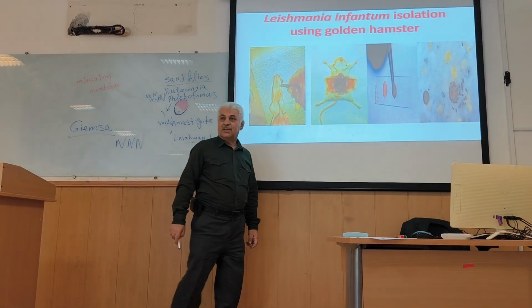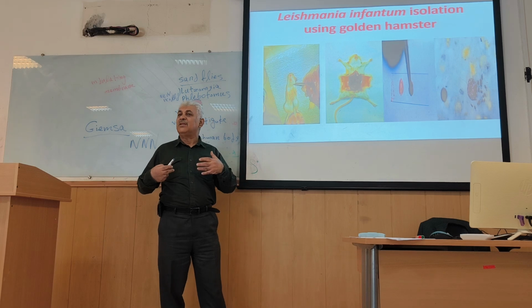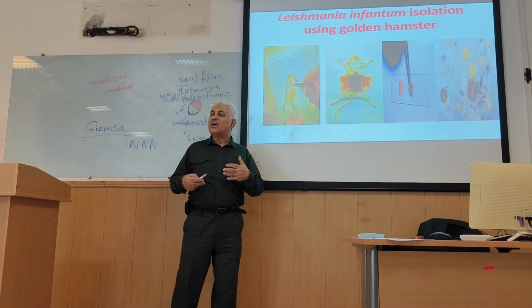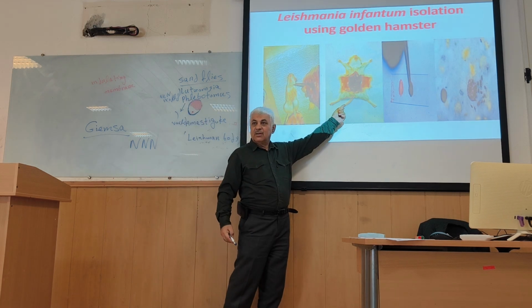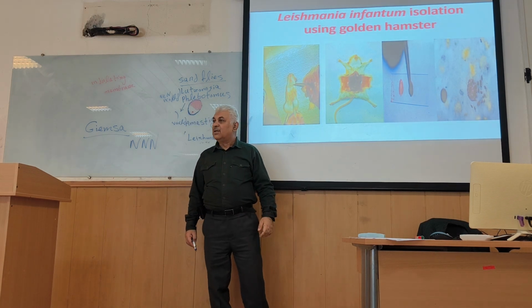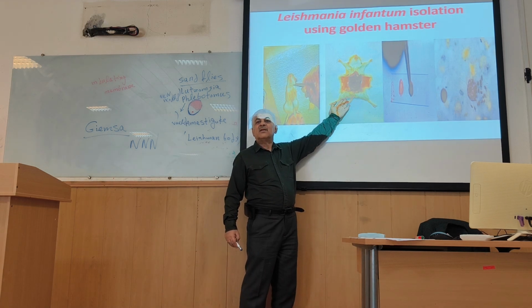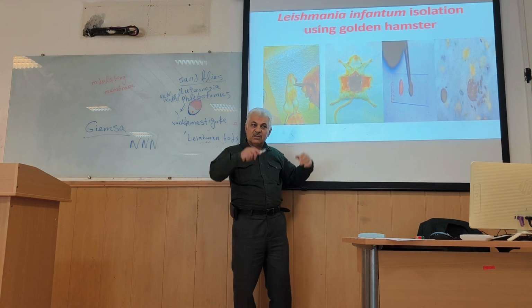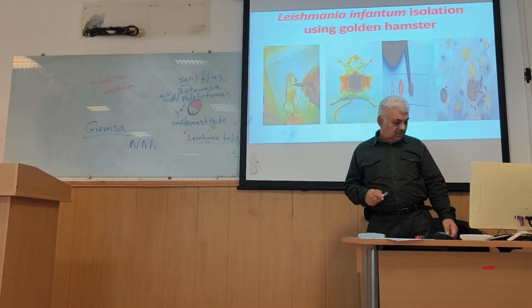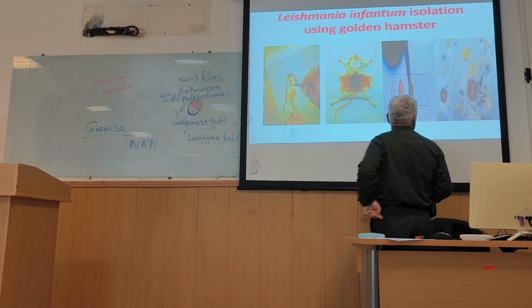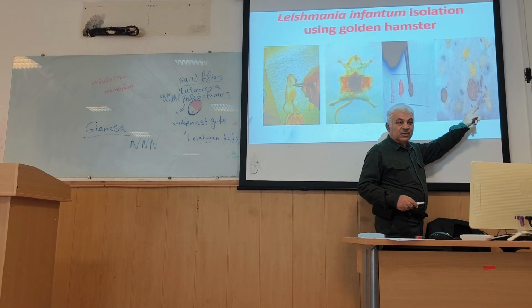And the golden hamster is inoculated by suspension from spleen or bone marrow aspiration from a patient, inoculated intraperitoneally in these hamsters, and they are infected with visceral leishmaniasis with hepatosplenomegaly and other clinical forms. And you can see the amastigote form in the macrophage.